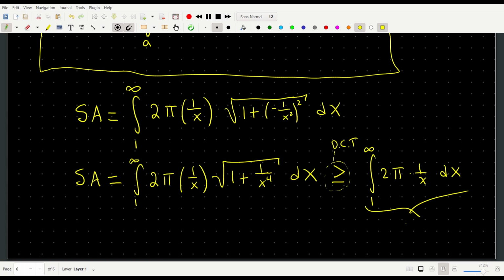And this integral, as we showed in the first example that we went over today, is divergent. So therefore, this integral right here, by the direct comparison theorem, must also be divergent.